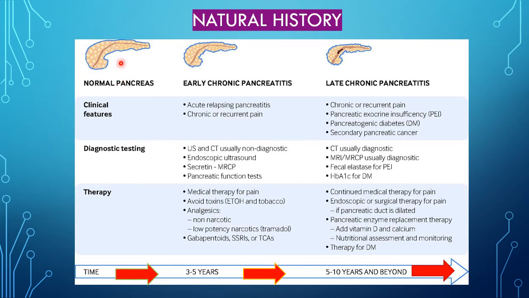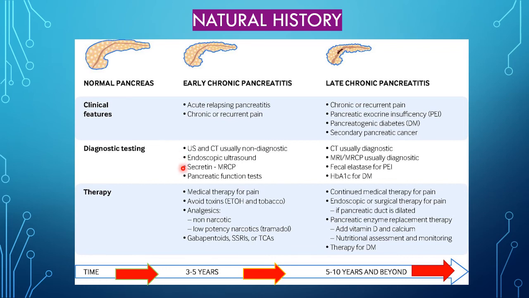So the natural history of chronic pancreatitis can be divided into 3 categories. First, there's a normal pancreas. The first stage is early chronic pancreatitis, which occurs within the first 3 to 5 years, where there is acute relapsing pancreatitis and chronic recurrent pain. In these cases, the diagnosis is usually done by ultrasound and CT scan, and nowadays by endoscopic ultrasound and biopsy.